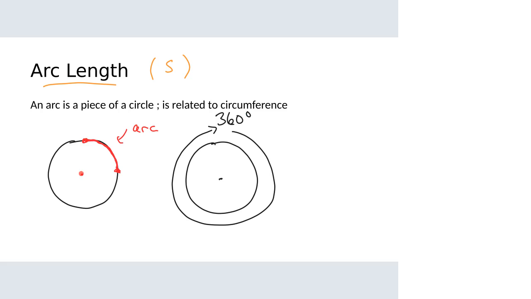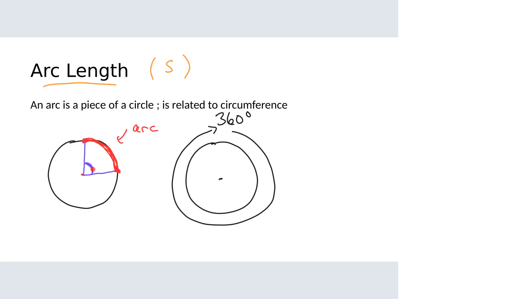And what we do when we look for arc length is we look at an angle that goes with that specific arc. The bigger the arc, the bigger the angle will be. In this case, we've got this arc right here, and the angle that goes with that arc is right here.